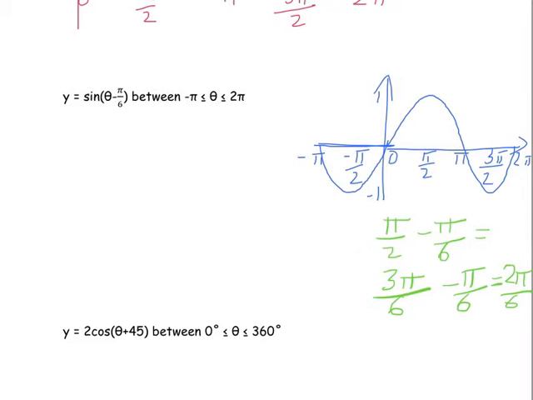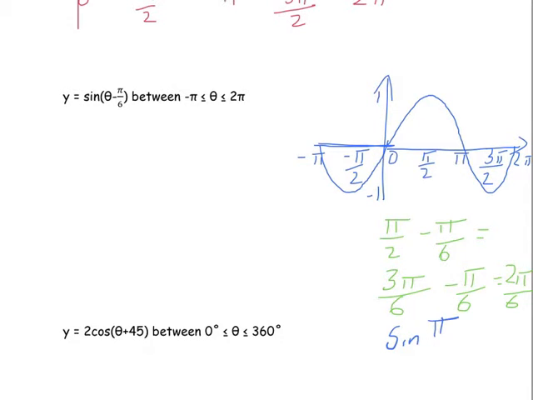So whatever sine of pi over 3 is will be what happens when you put pi over 2 in, which sine of pi over 3, or sine of 60 degrees, is root 3 over 2. So sine of pi over 3 is root 3 over 2.